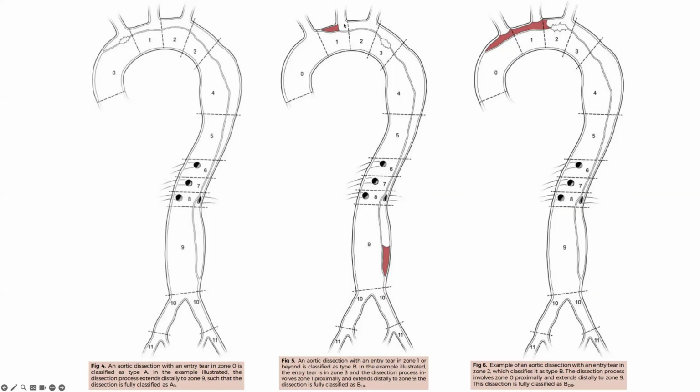This patient here, in my mind, would be the ideal candidate for frozen elephant trunk, with the goal to direct blood flow into the true lumen and cover either completely or significantly reduce flow into the false lumen. Your early post-op imaging will guide you in terms of whether or not you need to do an early TEVAR at the same hospital admission.